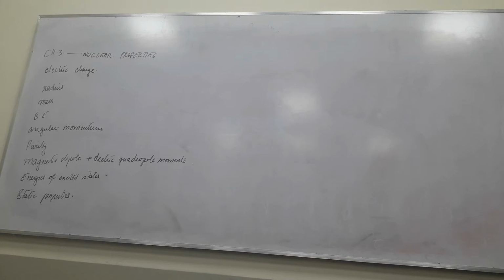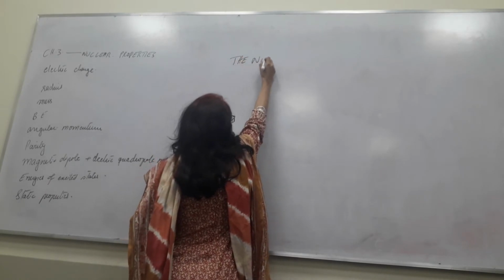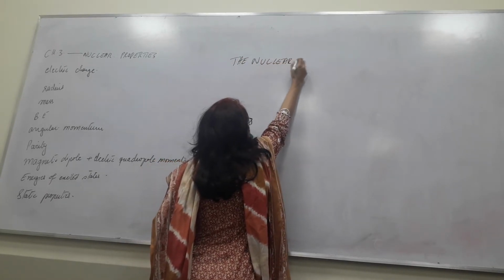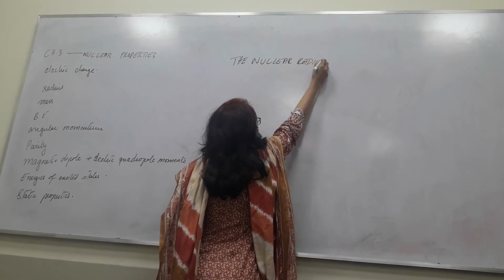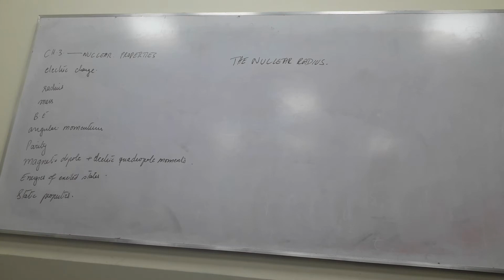Okay. So, let us start with the first one, which is the nuclear radius. So, we know that just as an atom has a radius, the nucleus also has a radius, but again this is not a very well defined quantity. So, again we need to use several indirect methods to try to understand the size of the nucleus.